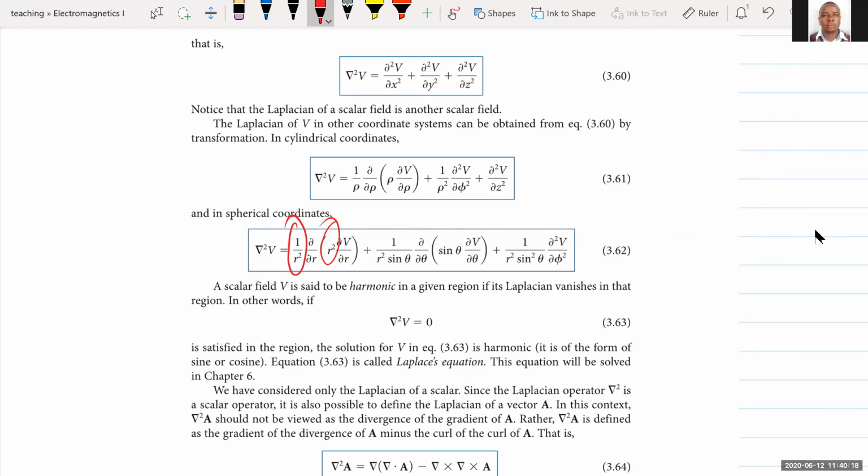So for the Laplacian, there is 1 over rho. And for the spherical, it is 1 over r squared. Again, 1 over r squared remains here like it was here. So these are similar, except that you are introducing this sine that you are canceling out inside here. And this appears to cancel out.